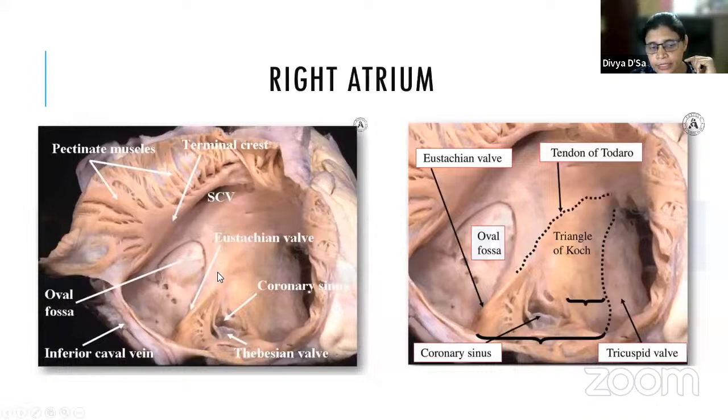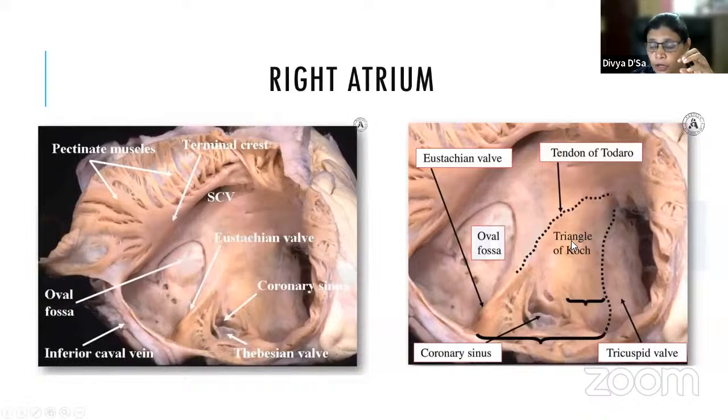Then another thing we see here is a triangular area known as the triangle of Koch, which is bounded above by the tendon of Todaro. On this side it is bounded by the coronary sinus, and inferiorly by the septal leaflet of the tricuspid valve. This area forms the triangle of Koch.